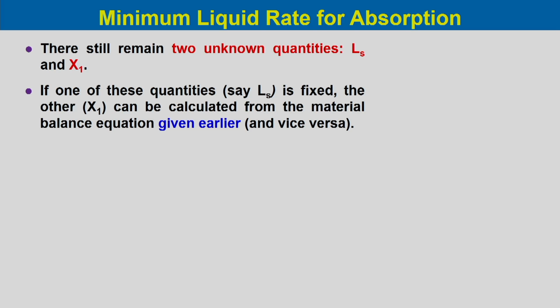If one of these, say Ls, is fixed, the other, X1, can be calculated from the material balance equation given earlier, and vice versa. So, either Ls is fixed and you can calculate X1 from the material balance, or X1 is fixed and then you can calculate Ls.